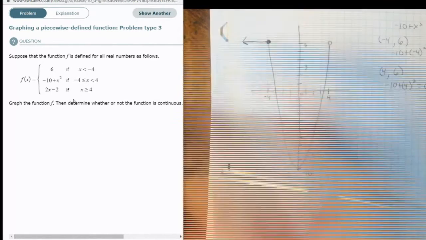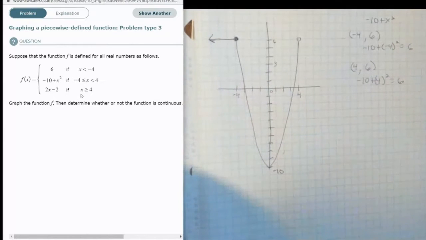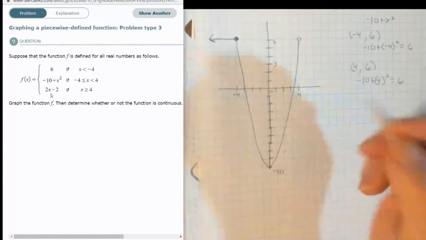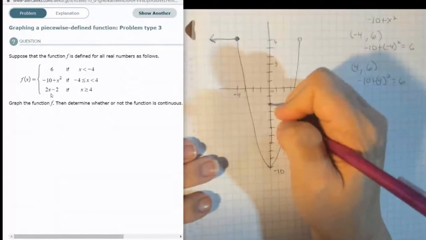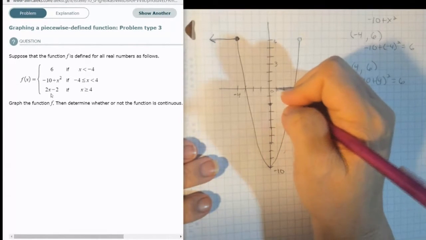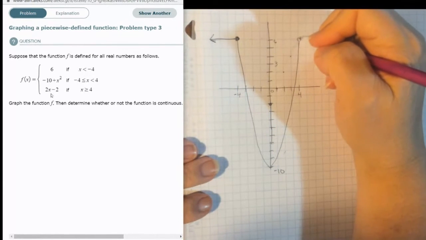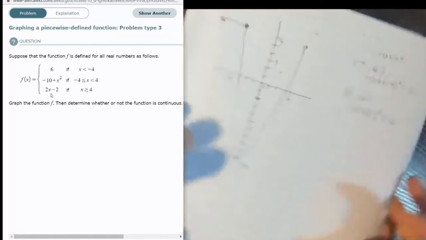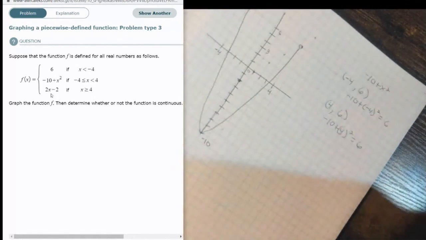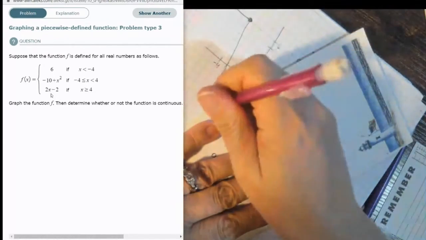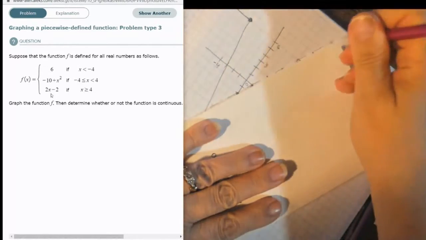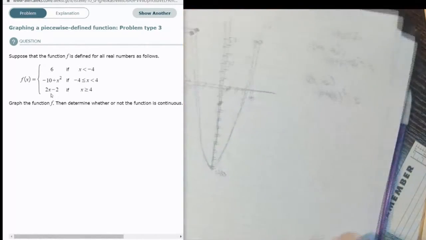The last one is for x greater than or equal to 4. We know this is a straight line. We know the y-intercept is -2 and the slope is 2. So we move down 2, and the slope is 2, so up 2 over 1, 2 over 1, 2 over 1. It's this graph.